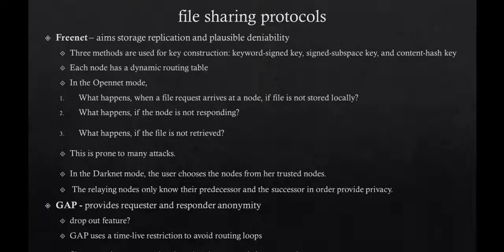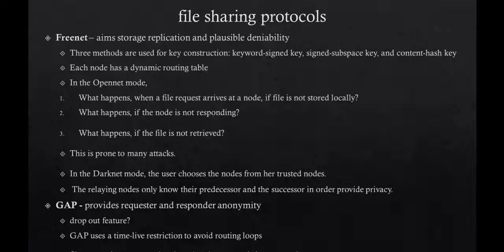File sharing. It is done by either Freenet or GAP. Freenet: the key design of Freenet is based on storage replication and plausible deniability. Files are stored multiple times at nodes.